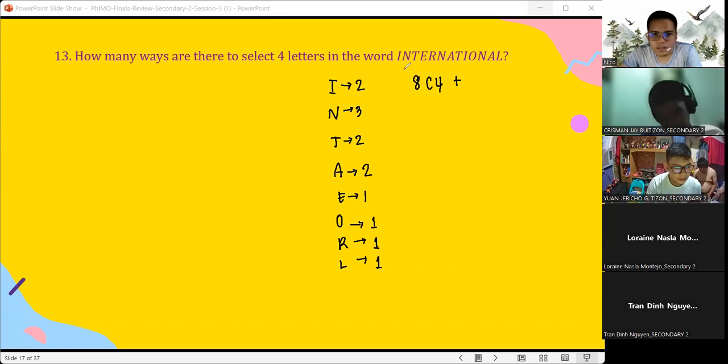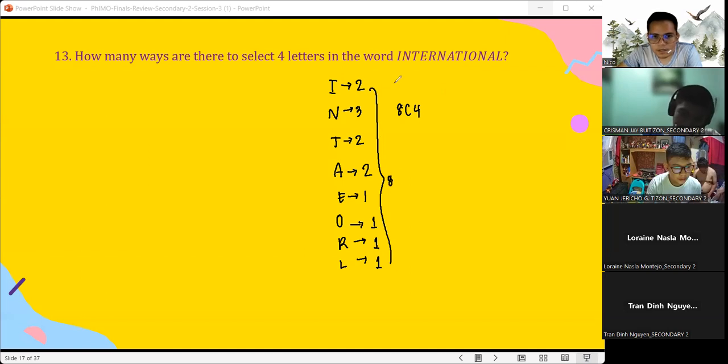So meaning there is this one here, 8C4, because again, there are 8 here. This one has no repetition, right?